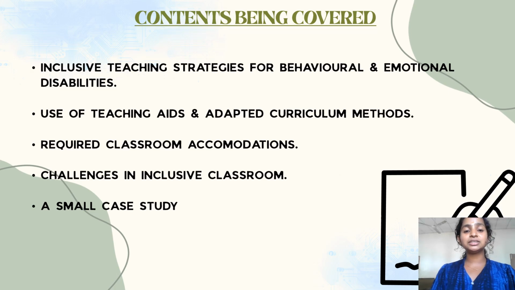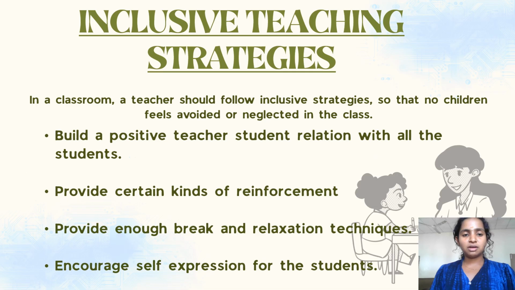The second is the use of some teaching aids as well as the adaptation of some curricular methods. Then the required classroom accommodations that need to be made for these kind of students in order to make them feel inclusive in the class, and also certain challenges that we'll face in an inclusive classroom and a small case study.